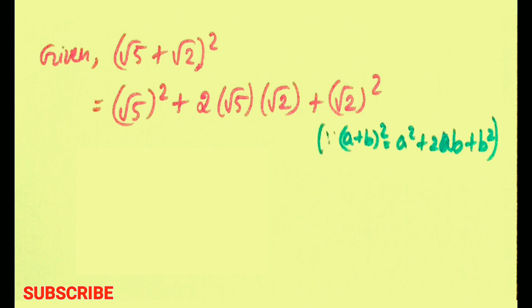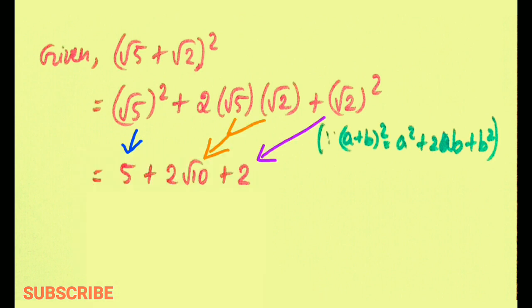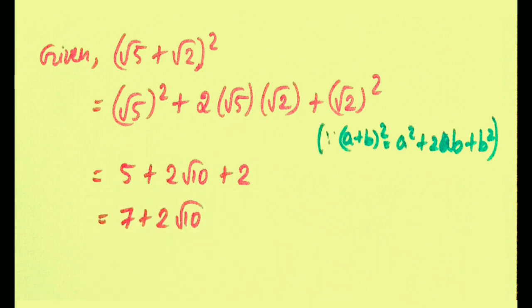By applying the formula, we get root 5 whole square plus 2 into root 5 into root 2 plus root 2 whole square. Here root and square get cancelled, so we get 5 plus 2 into root 5 into root 2, which is root 10, plus square and root get cancelled, so we get 2. Now 5 plus 2 means 7, plus 2 root 10 as it is.